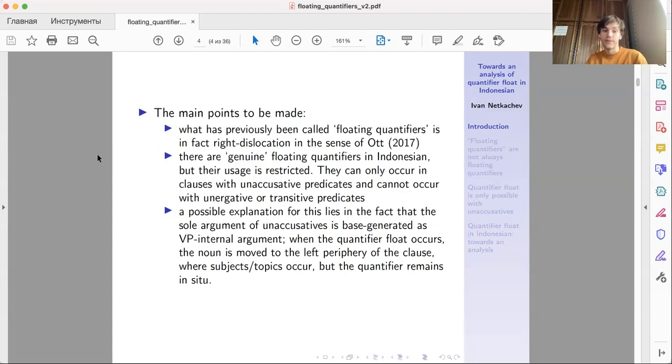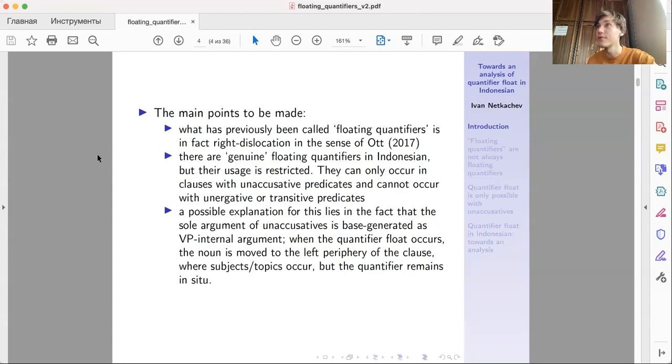And thirdly, I show that there is a possible explanation for this, and it lies in the fact that the sole argument of unaccusative predicates is base generated as a VP internal argument.